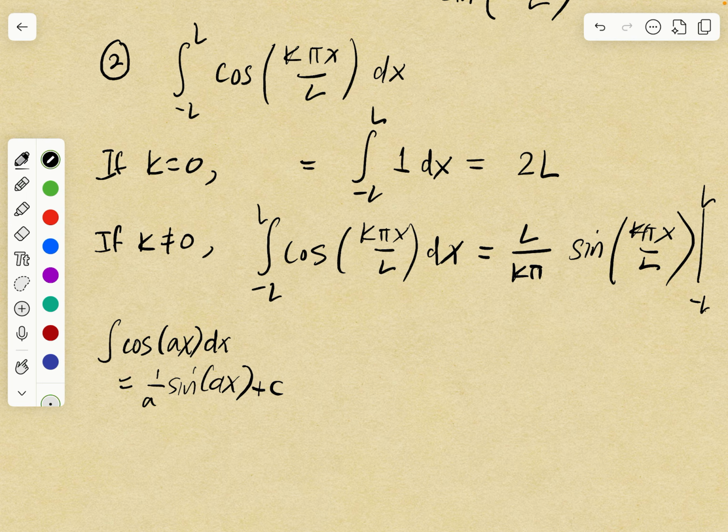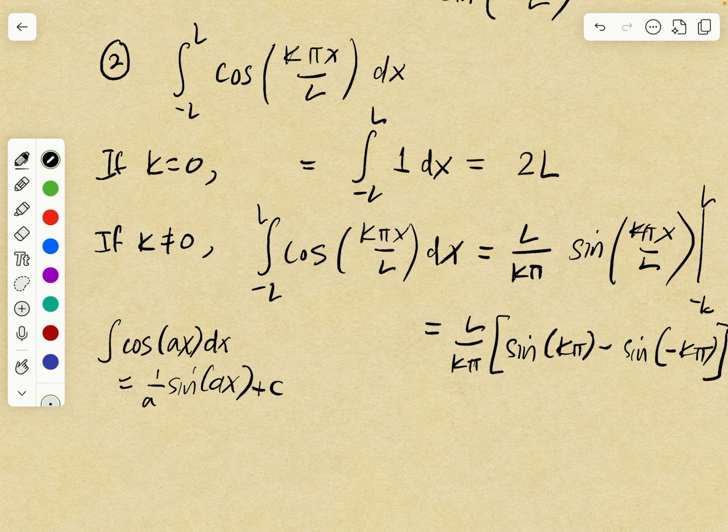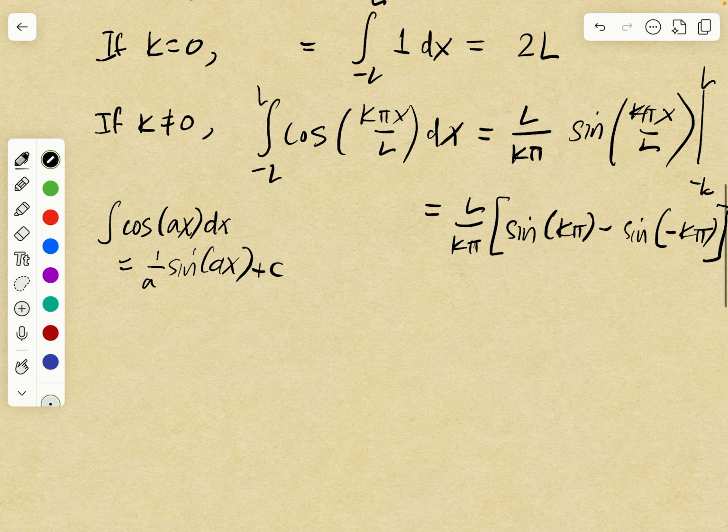So now you have L over k pi times sine of, well, you substitute x equals L, so you get k pi, and then minus sine of negative k pi. Well, if k is an integer, then k pi is a multiple of pi, and so sine is going to be 0.